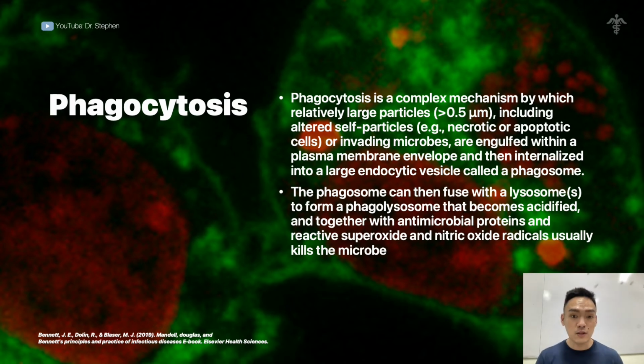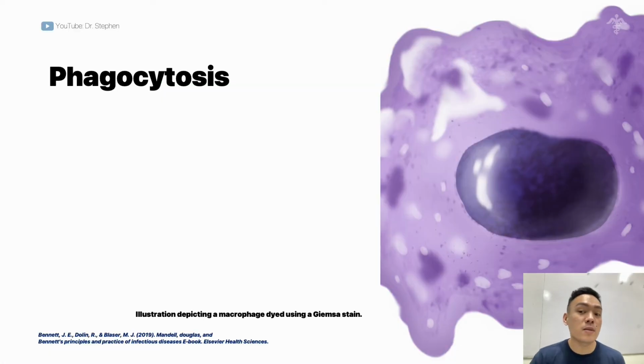We call it the phagosome. Your phagosome can then fuse with the lysosomes to form a phagolysosome, which will become acidified, and together with antimicrobial proteins and reactive superoxide and nitric oxide radicals usually kills the microbe. As what we have shown earlier, that diagram will explain a lot.